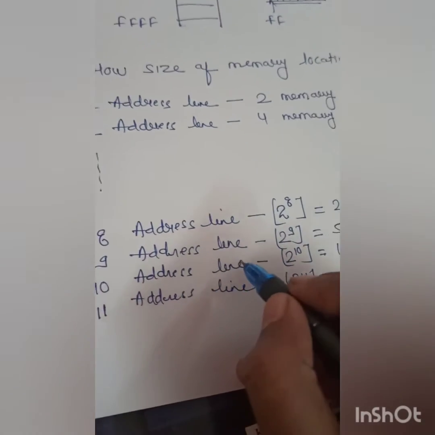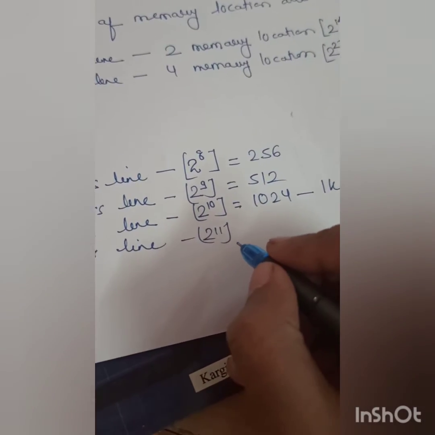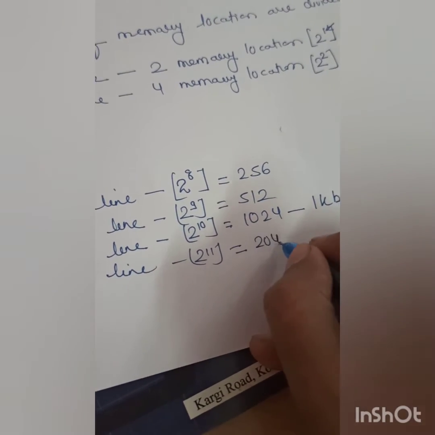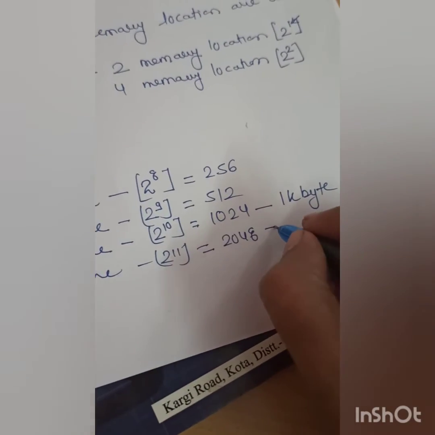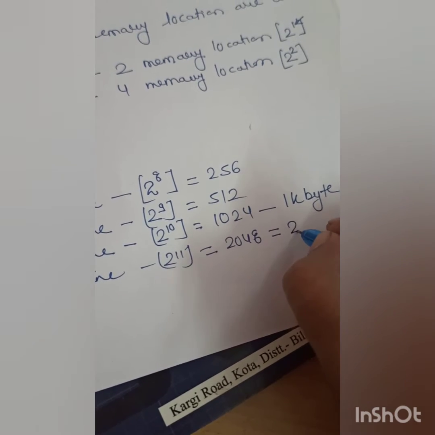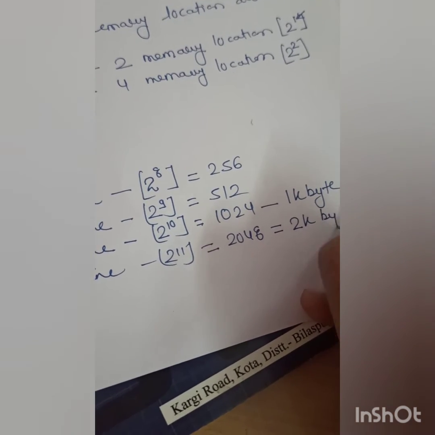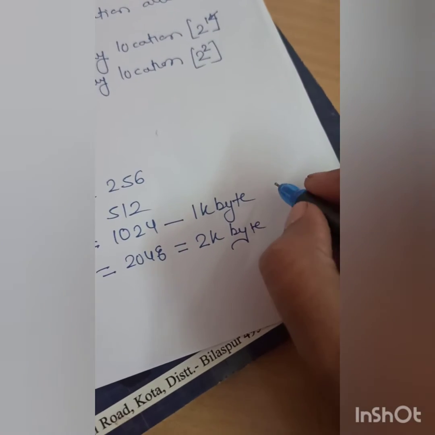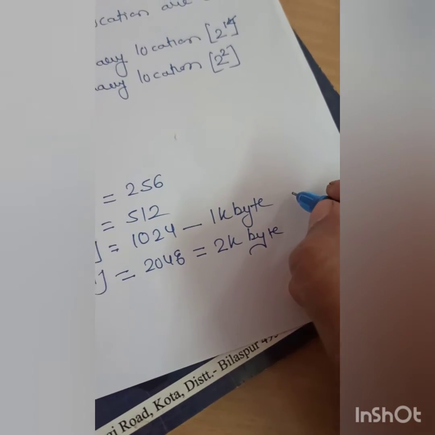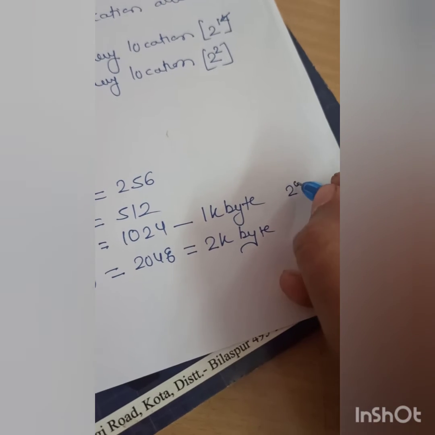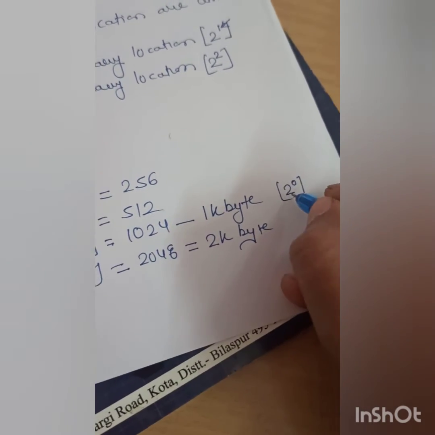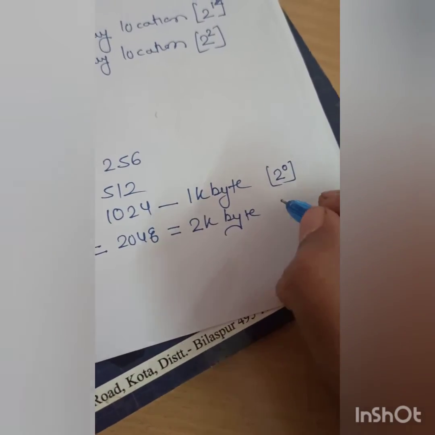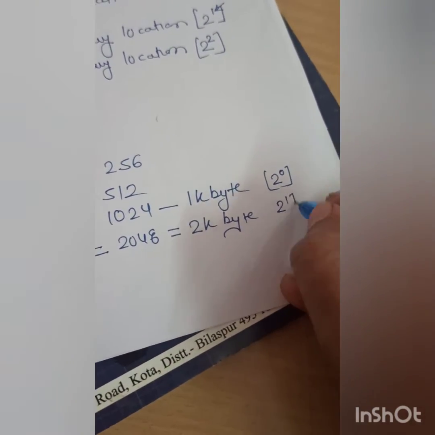11 address lines means 2 raised to the power 11, that is 2048, which is 2 kilobytes. Here is a technique to remember 1 kilobyte, 2 kilobytes: 2 raised to the power 0 is nothing but 1, and 2 raised to the power 1 is 2.